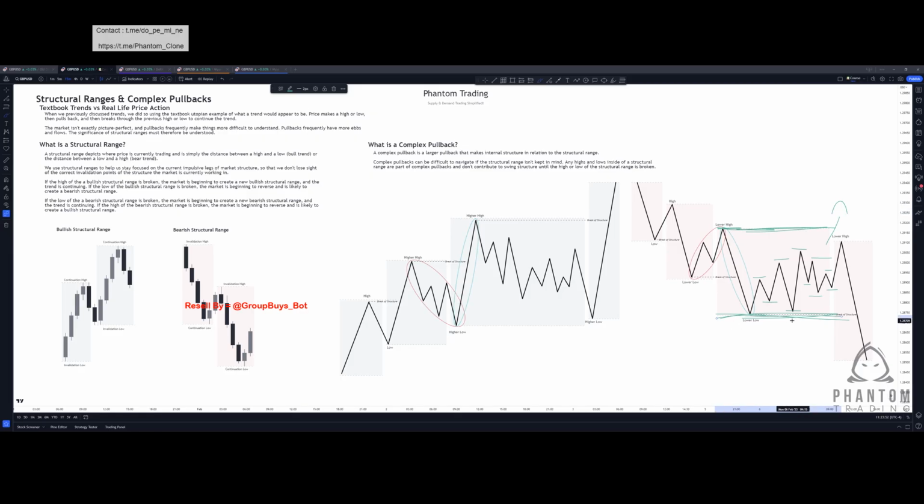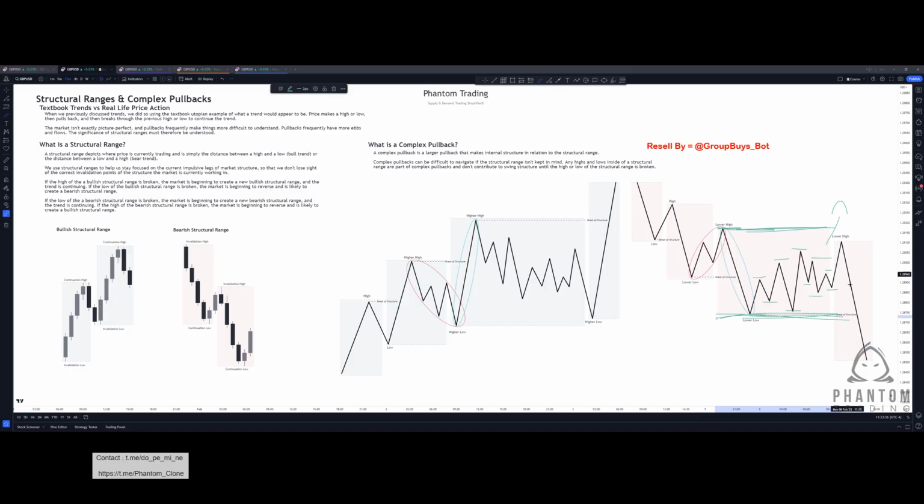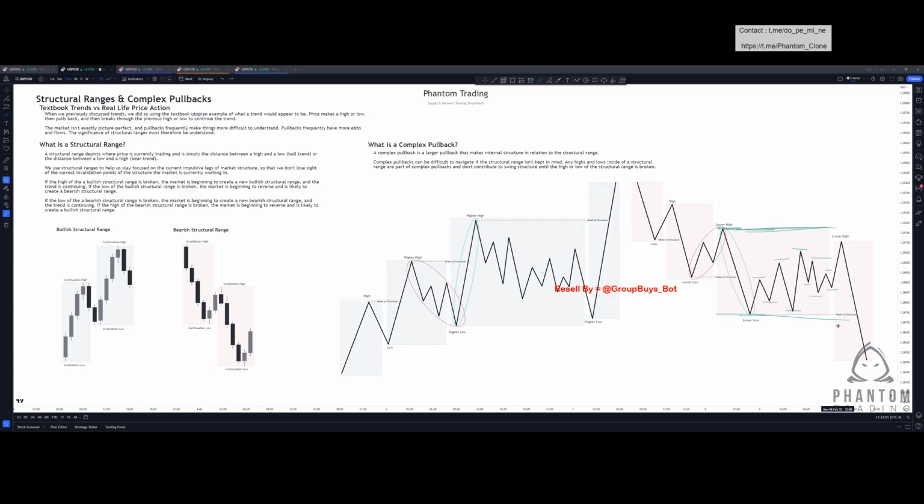And the previous lower low is our continuation point low, which if we break and close below this, we're expecting some form of lower low to be formed in the markets and for the bearish trend to continue. So it's something that you'll definitely want to take note of in the markets.